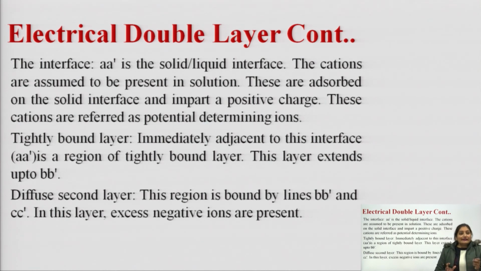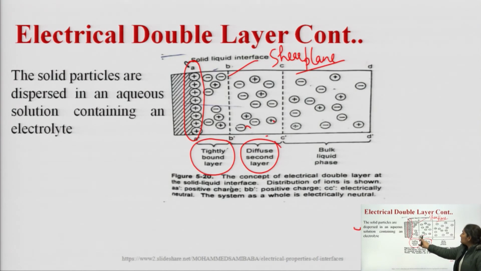Okay. Next is the tightly bound layer, which is immediately adjacent to the interface, and it is a region that extends up to BB dash. The diffuse second layer is bound by BB dash and CC dash, meaning the region present between BB dash and CC dash is known as the diffuse second layer.